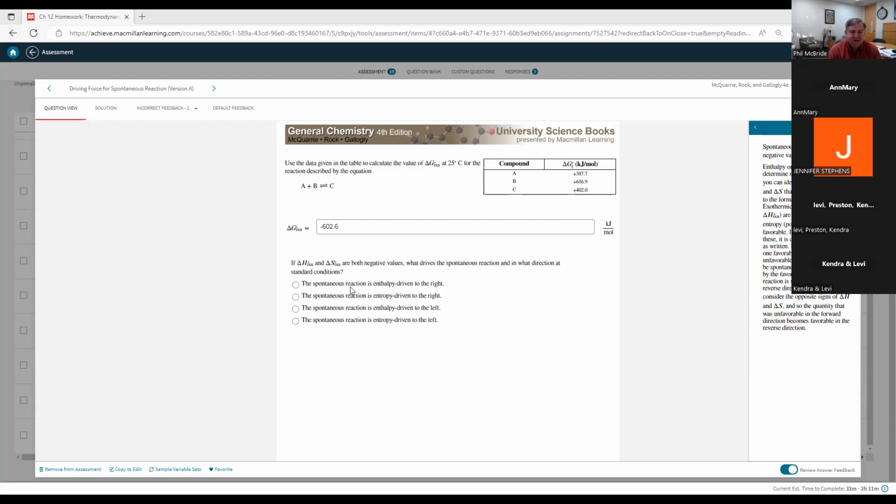It says the spontaneous reaction is enthalpy driven to the right, or the spontaneous reaction is enthalpy driven to the left. So is it going left or right if it's spontaneous?